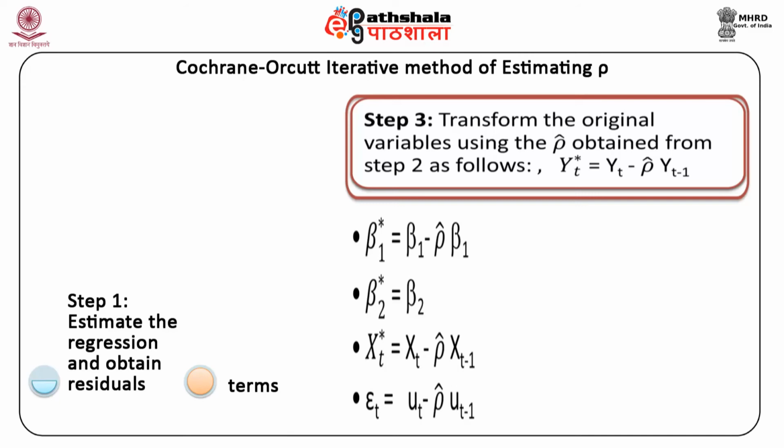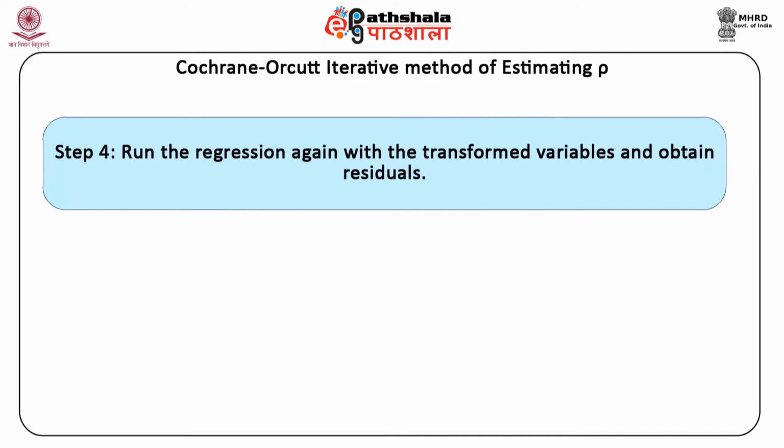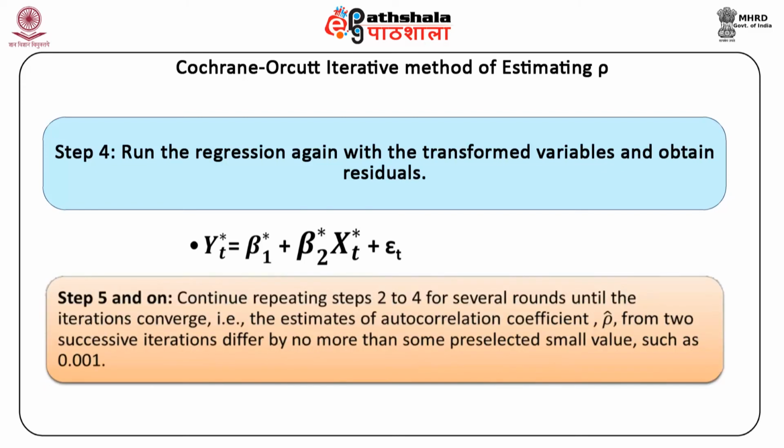Epsilon t is equal to ut minus rho hat ut minus 1. Step 4. Run the regression again with the transformed variables and obtain residuals. So yt star is equal to beta 1 star plus beta 2 star xt star plus epsilon t.